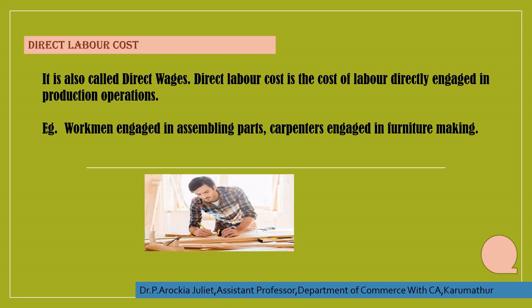For example, workmen engaged in assembling parts or carpenters engaged in furniture making. When a furniture making company engages carpenters to do particular work like making a cot, table or sofa, for that particular job they have to spend. That amount is called the labor cost.